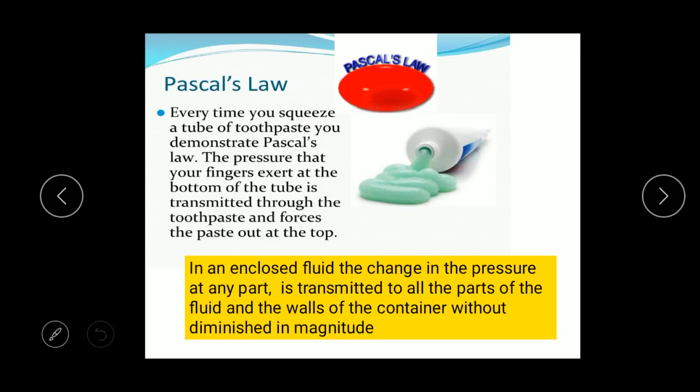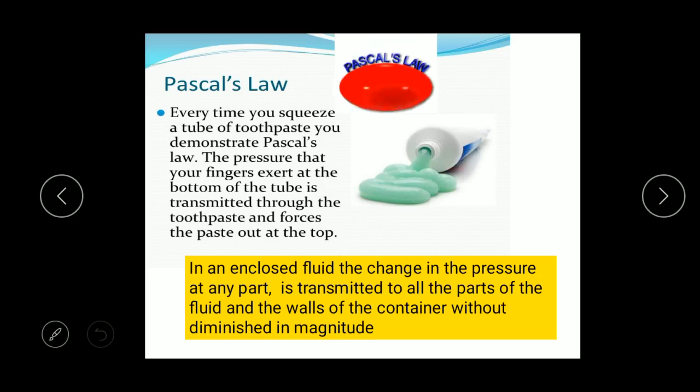For example, every time you squeeze a tube of toothpaste, you demonstrate Pascal's law. The pressure that your fingers exert at the bottom of the tube is transmitted through the paste and forces the paste out at the top. This is because of Pascal's law.